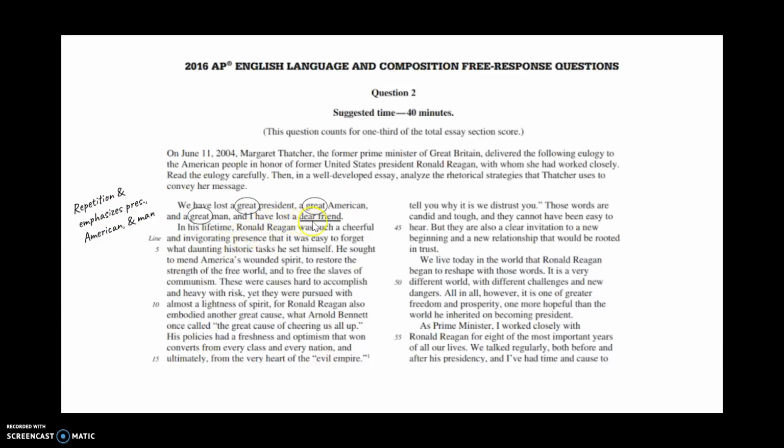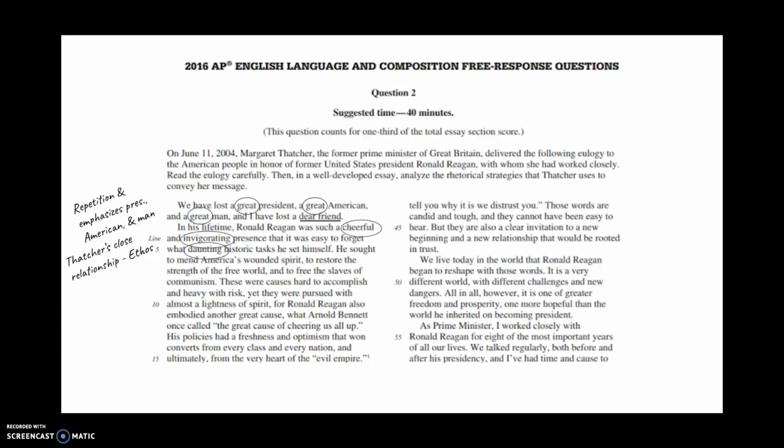Additionally, she follows with this phrase, dear friend. Because Margaret Thatcher had a close relationship with Ronald Reagan and worked with him in many ways, this gives her ethos. She knows him well so she has the authority to describe his persona, and we can trust that what she says is accurate and true and earnest.